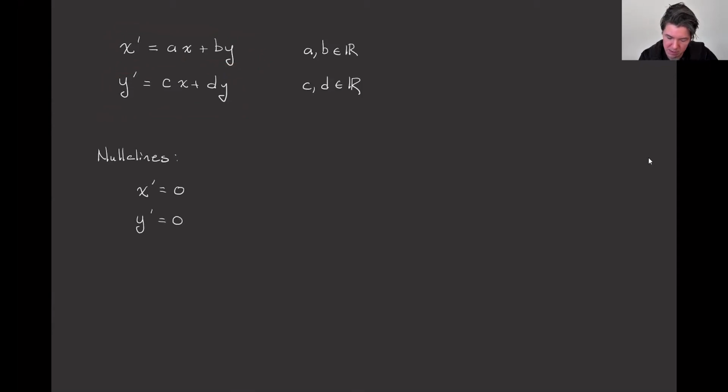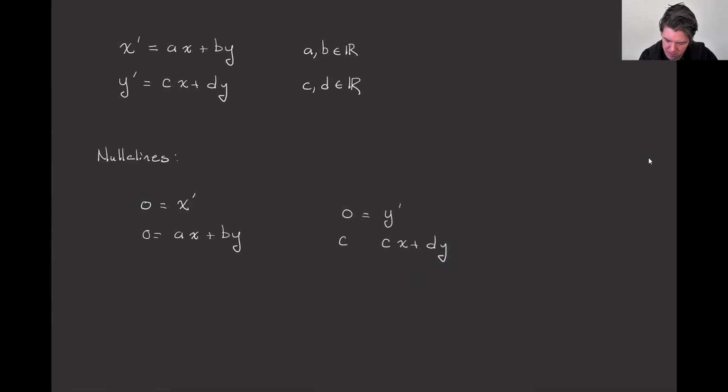Now, what that means is, for example, in the case of x prime, that you can take ax plus by, set that equal to 0. In fact, let me arrange these a little bit. I'm just going to switch the sides here. Same over here, just so that it's aligned nicer.